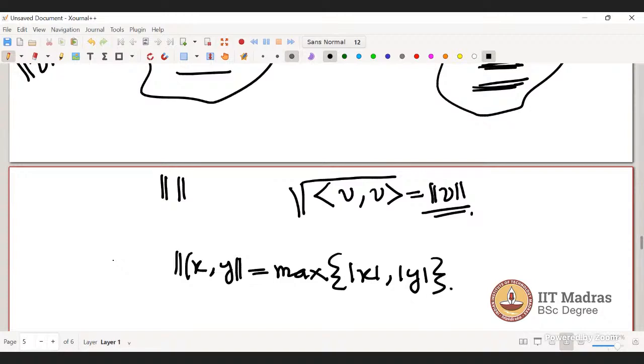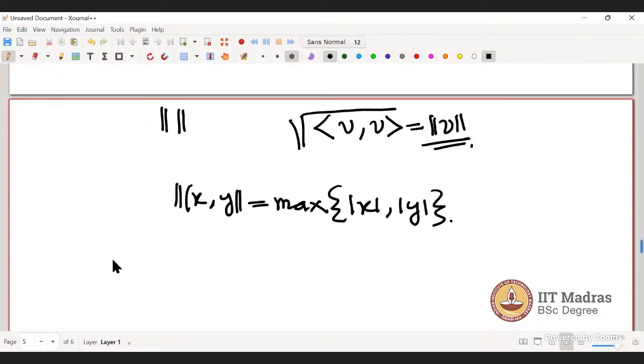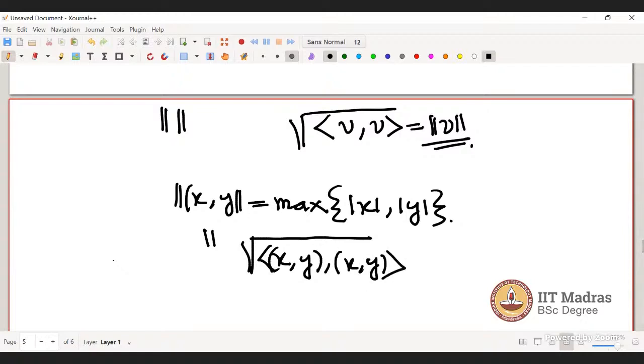There is no inner product such that you can write this as the square root of the inner product of x, y with x, y. There is no such inner product for which you can write this, for all x, y in R square.